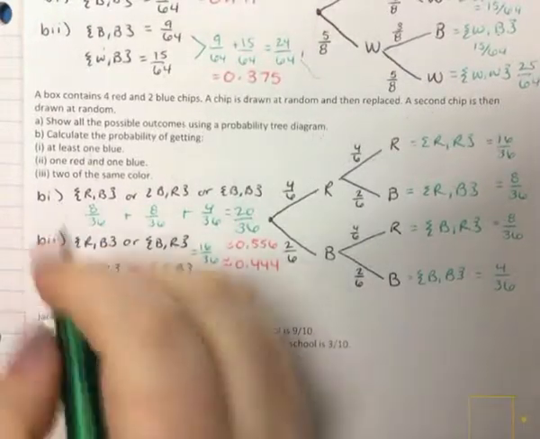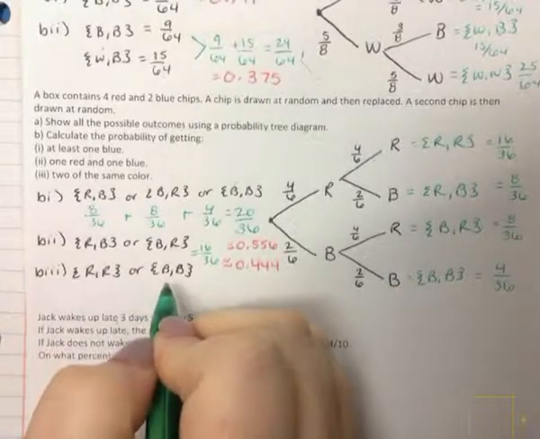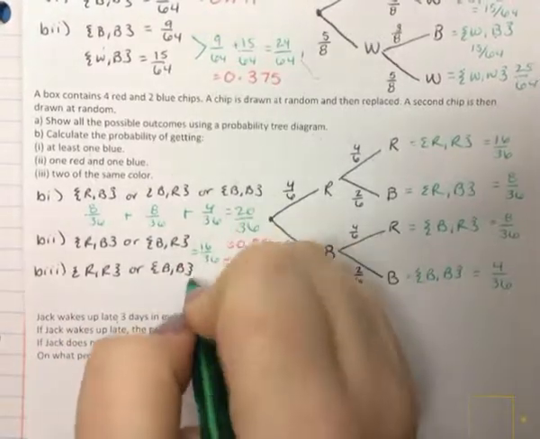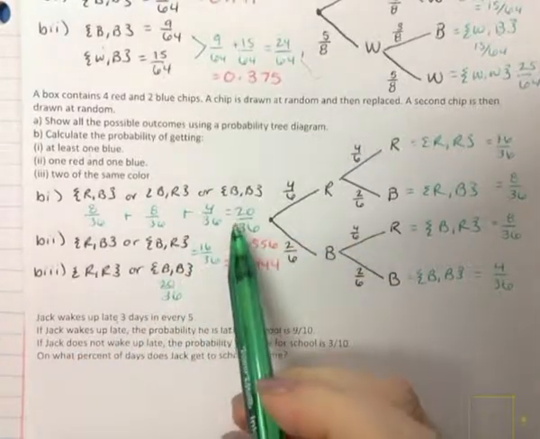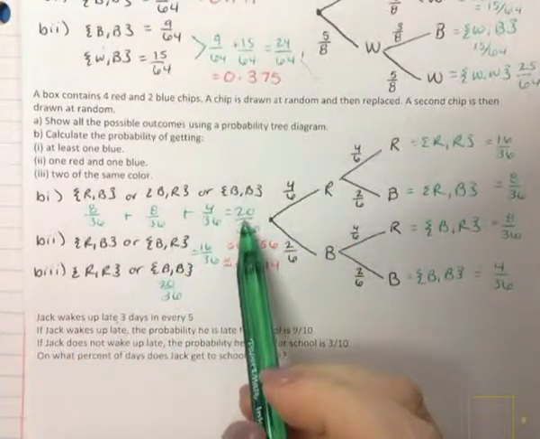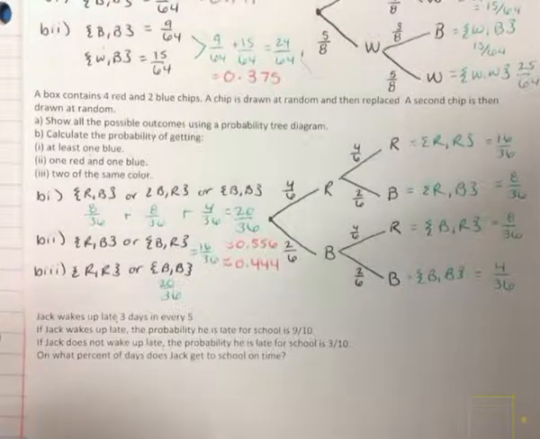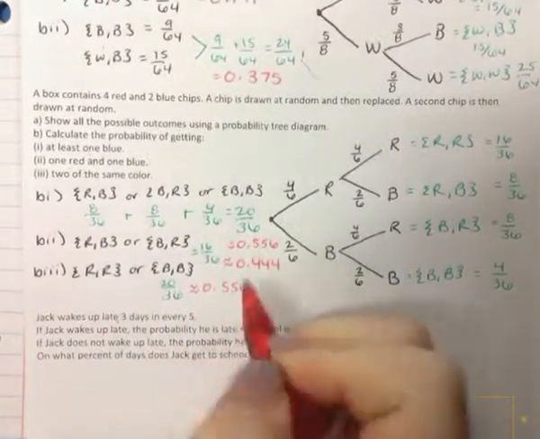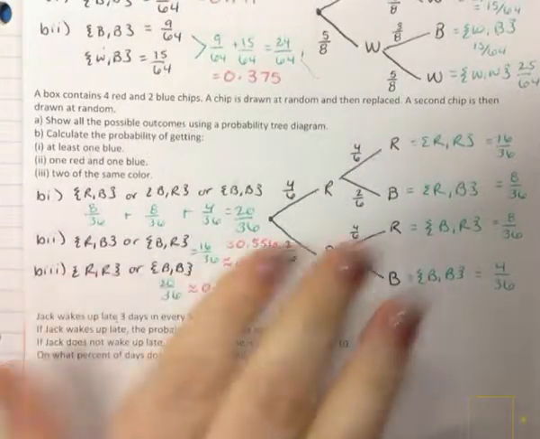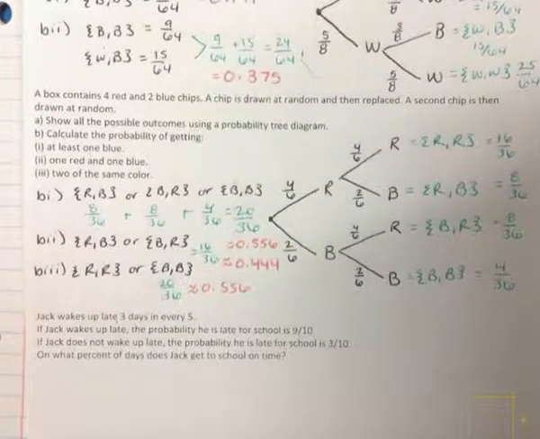So red, red was 16 out of 36, and blue, blue was 4 out of 36. So that gives us 20 out of 36, which is the same probability of us getting at least 1 blue. So we're going to have approximately 0.556.